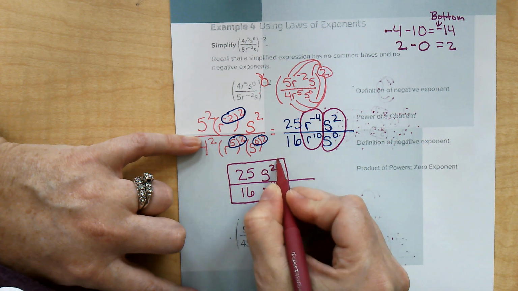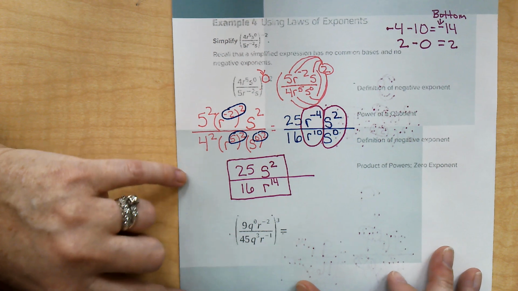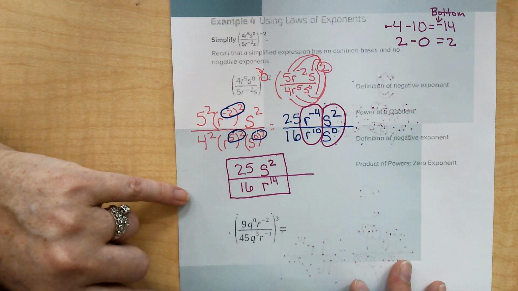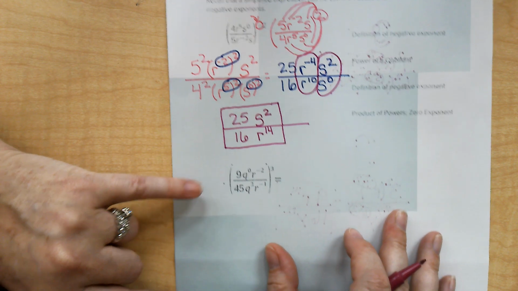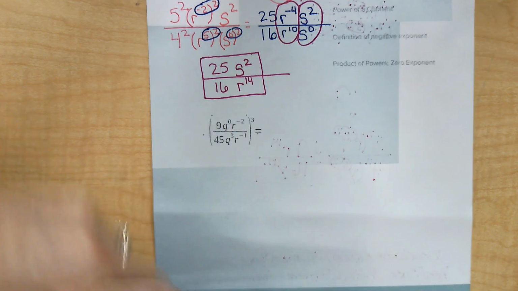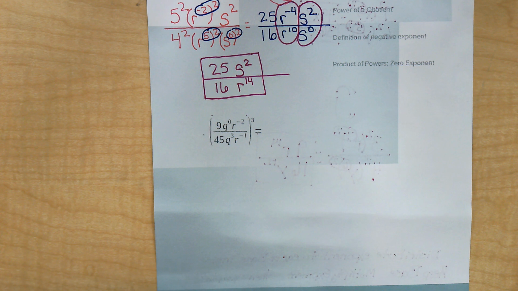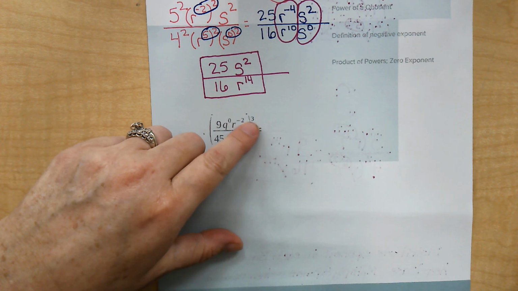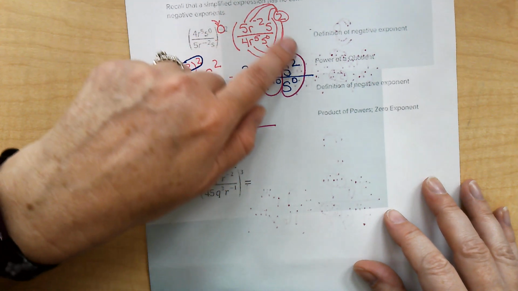We have simplified it. Okay, we're going to try that again with this one on the bottom. This one on the bottom also has 6 bases, 3 on the top, 3 on the bottom. Now the lovely thing about this one is the outside exponent is not negative, so we actually get to skip this whole first step.